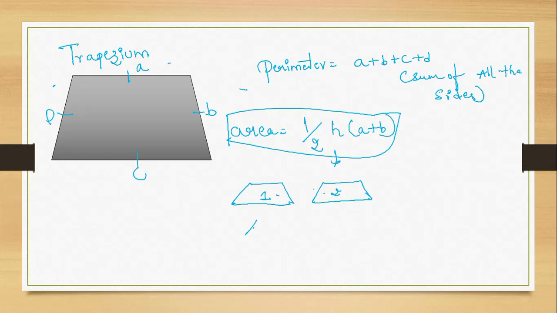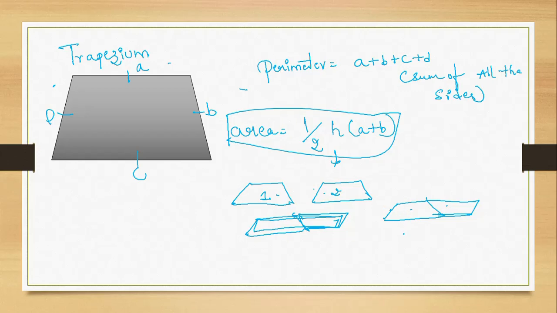So when we rotate trapezium 2 and join it with this, we get the structure of a rectangle. See here, I will draw once again. This is one trapezium and this is another trapezium. Here we get the area of a rectangle.